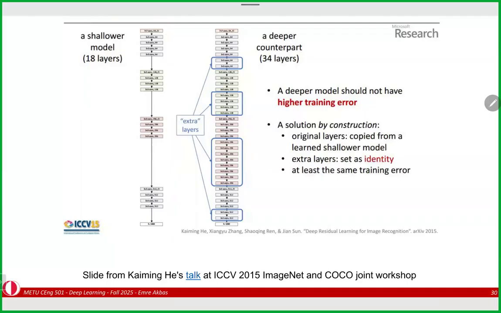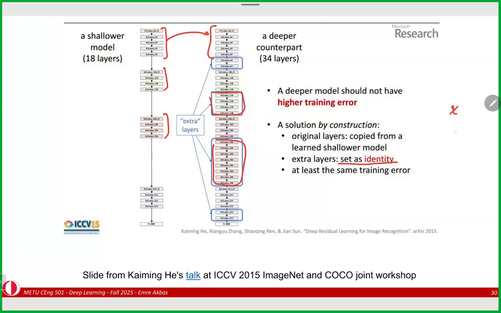To ensure that, they offer a solution by construction. So the original layers are copied here exactly. And then the new extra layers, these guys, are initialized with the identity transform.